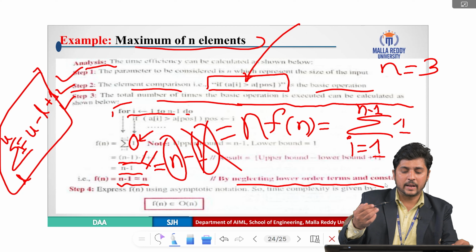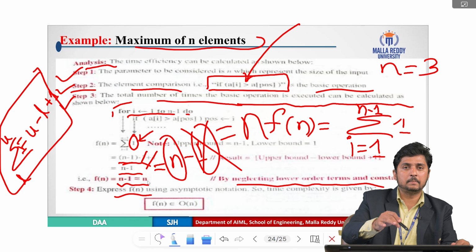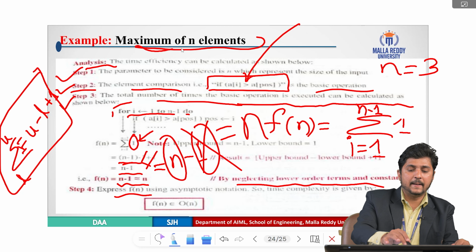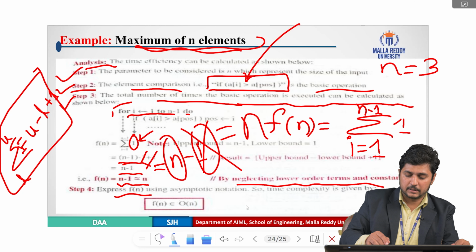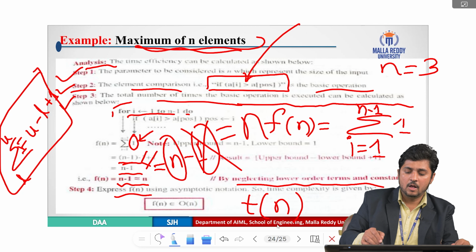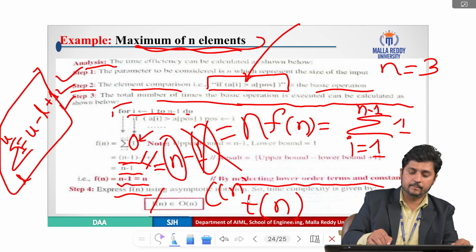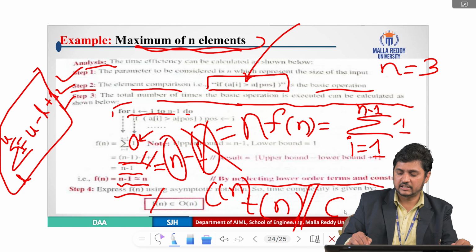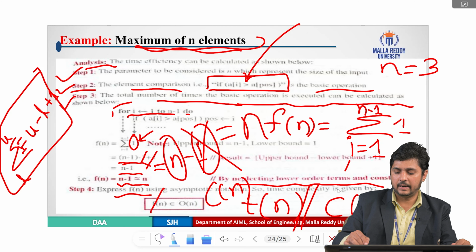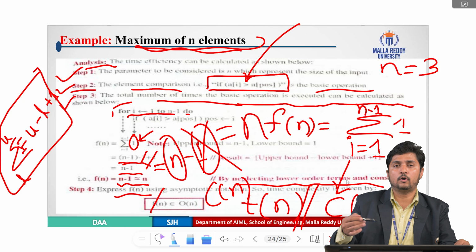Finally we express this entire function, the total time consumed by our algorithm to find the max of n elements, as t of n. We can write anything here, f of n or c of n. I would like to write c of n. The reason is that the basic operation name is comparison, so c for comparison.